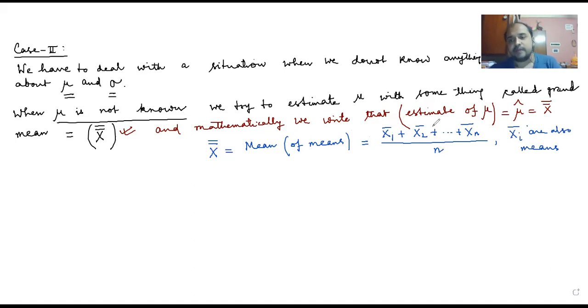Individually they are means, and their mean is taken. Sometimes it is called the grand mean. You have to keep it in your mind because this grand mean is not only used in statistical quality control, but also in the design of experiments, the factorial design, etc., where it plays a very important role.